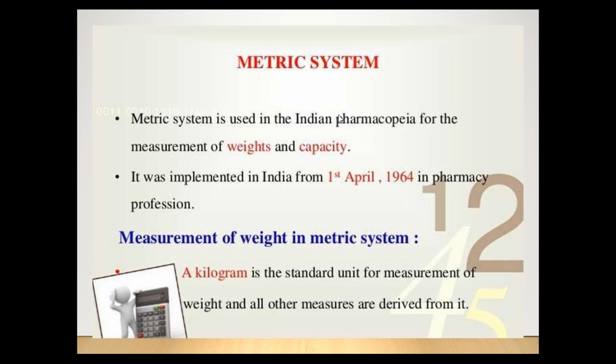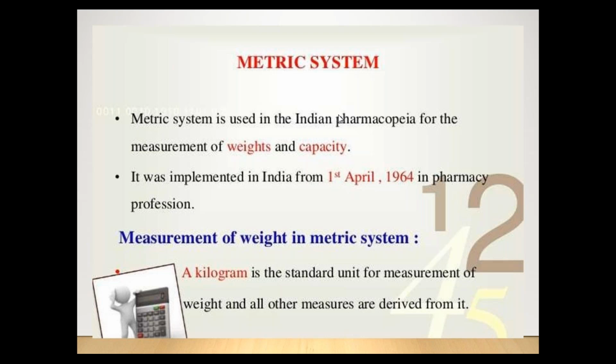The metric system is the one in use, and it was implemented in India on 1st April 1964 in the pharmacy profession. Similar to the imperial system, the metric system also has measurement of weights and measurement of capacity.